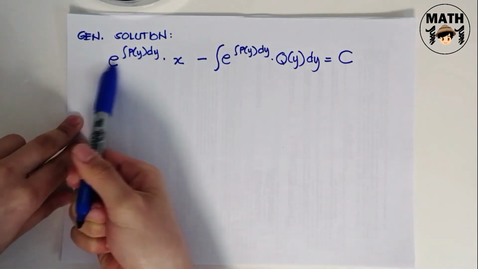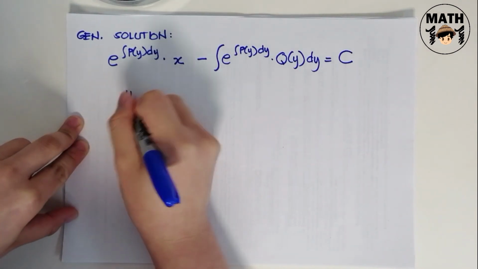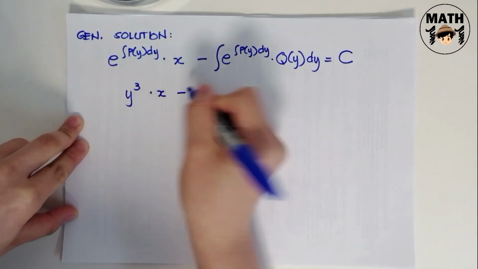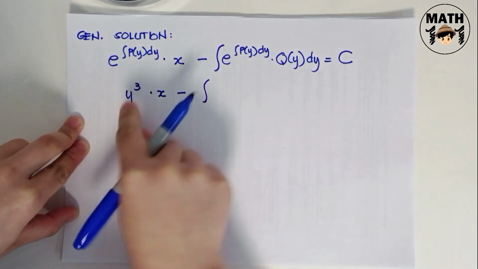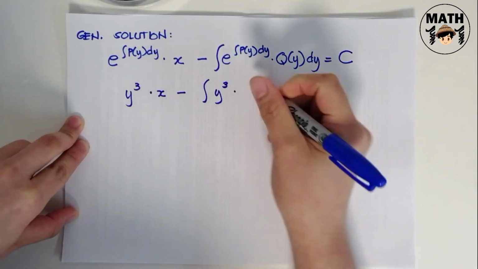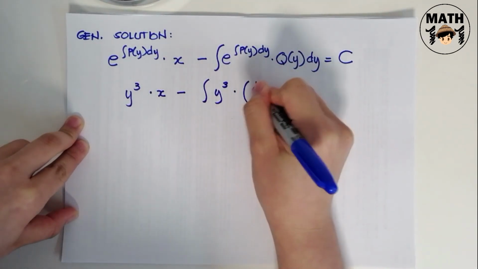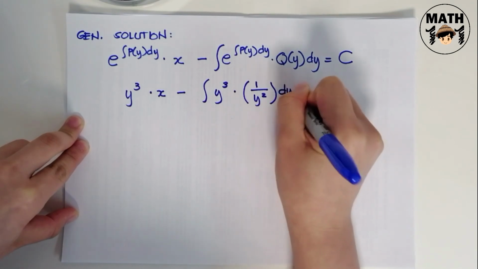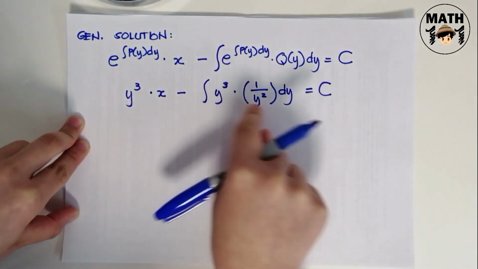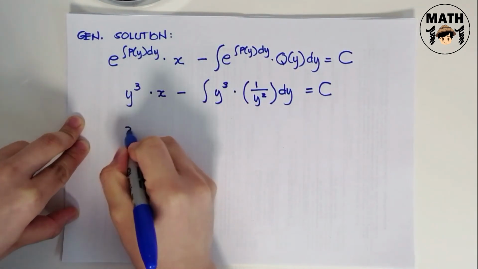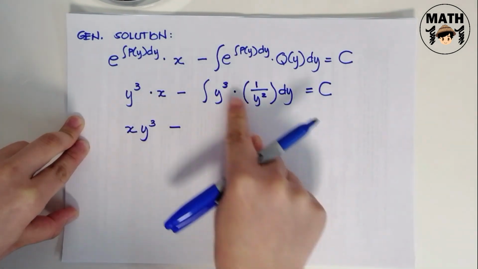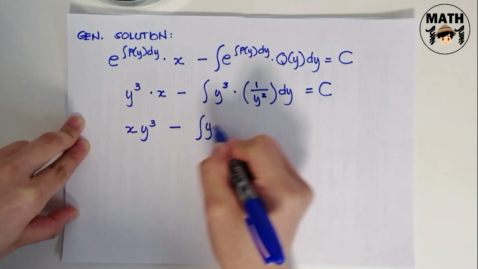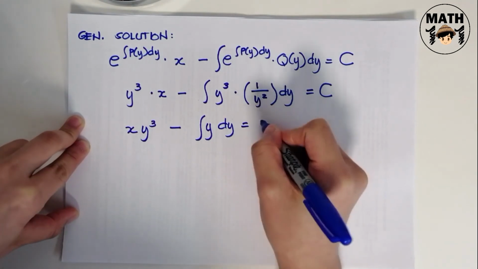Palit lang natin yung nakuha natin na value dito, which is y cubed multiplied by x minus, this is again y cubed, times q of y is 1 over y squared dy equals c. Simplifying this, we have y dy equals c.